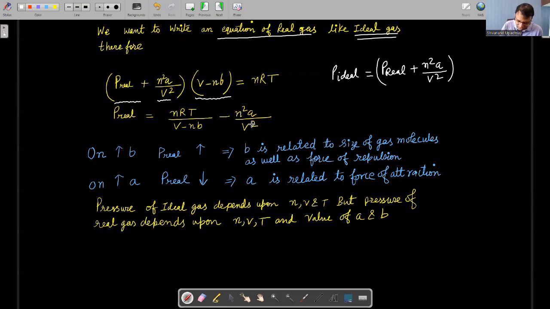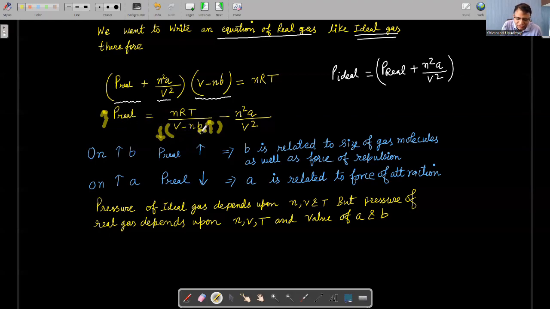And from here we can find out what happens on changing the value of b. On increasing the value of b, since it is in the denominator, the whole denominator is going to decrease, and if the denominator decreases, the pressure is going to increase. So on increasing b, P real is increasing, and that's why we say that b is related to force of repulsion, because if force of repulsion is there, pressure will be more.